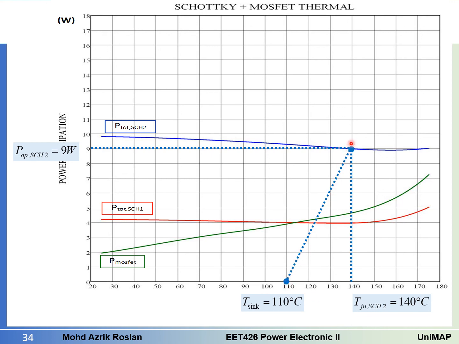This is the value of the thermal resistance from junction to sink.